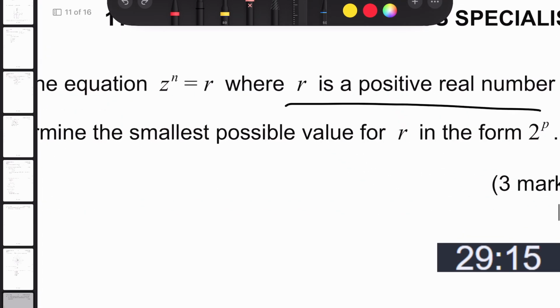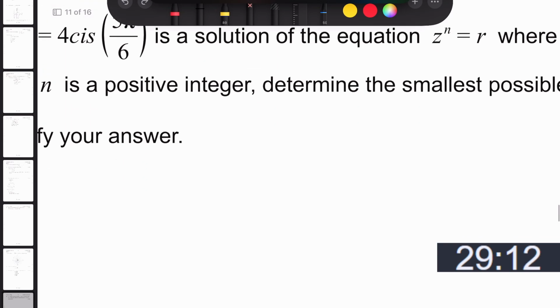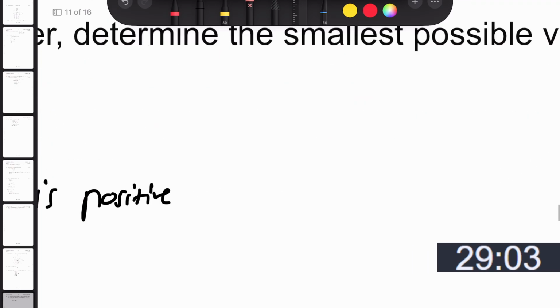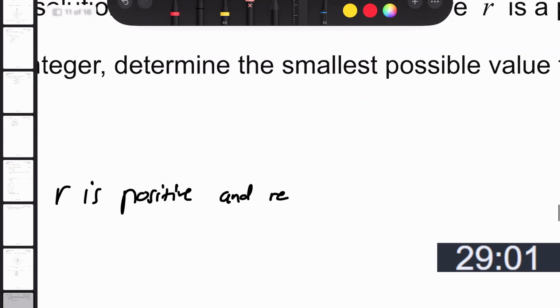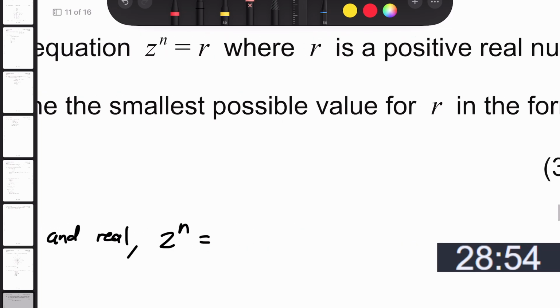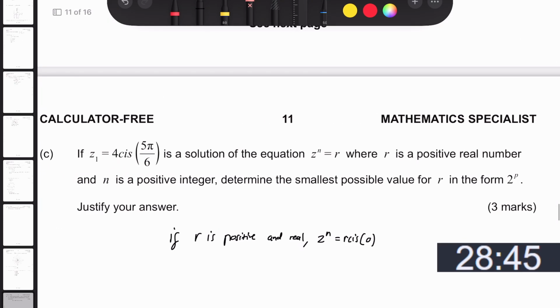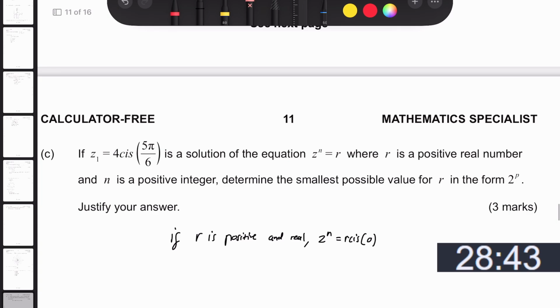Okay, so if r is a positive real number, if r is positive and real, z^n must equal r cis of 0. n is a positive integer.